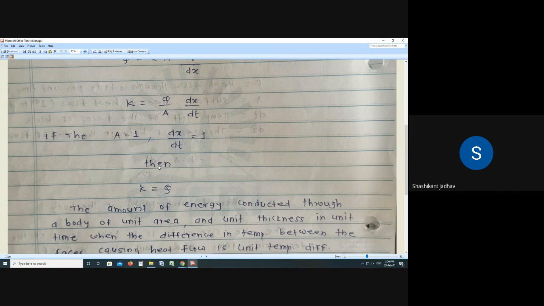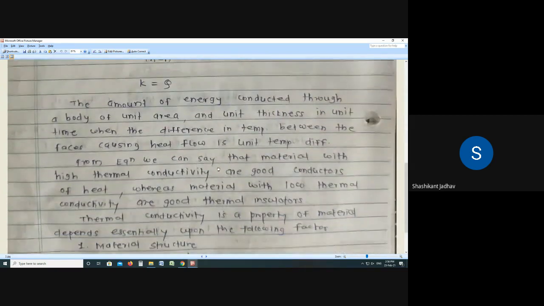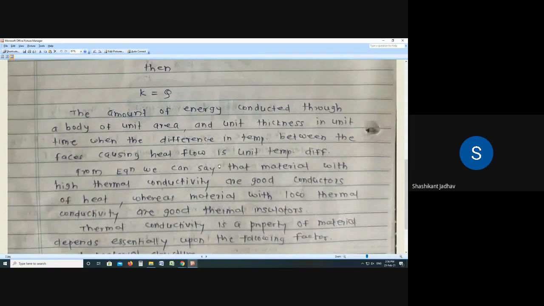So K is equal to Q, when area is unit, temperature difference is unit, thickness is unit, and it is calculated per unit time.